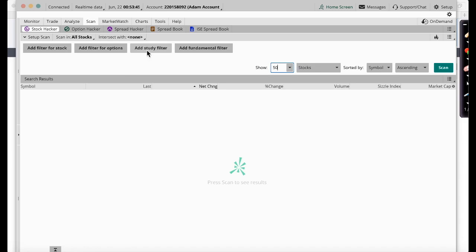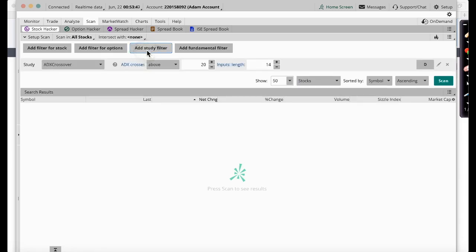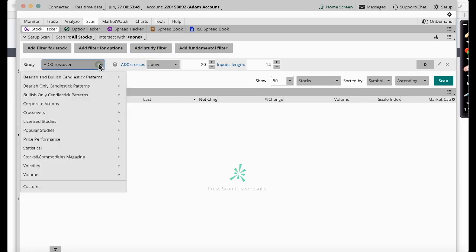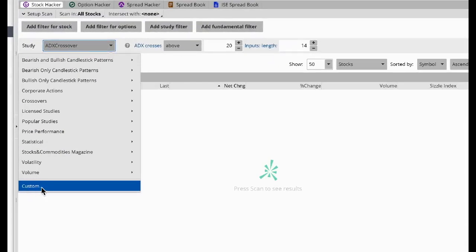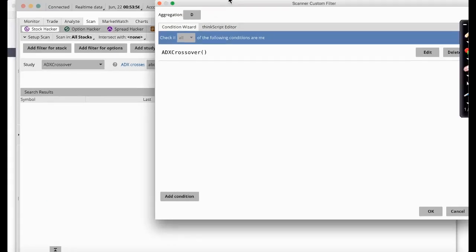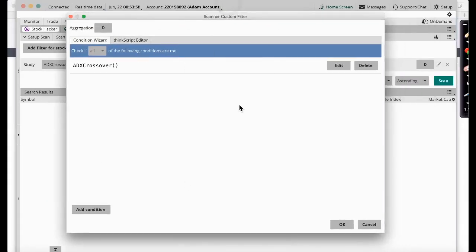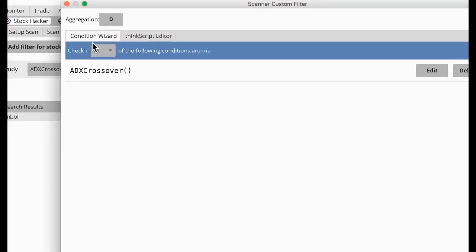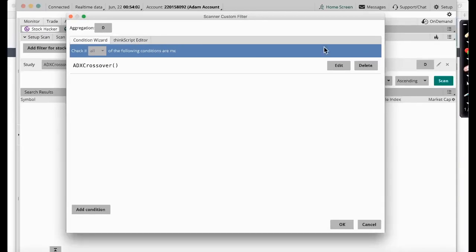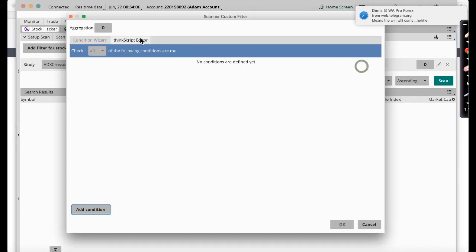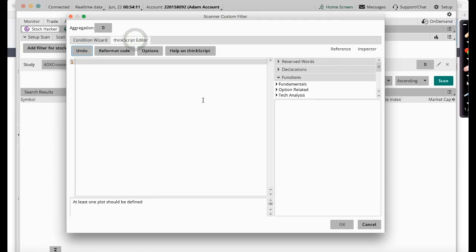Click on this and click on Custom. And it'll bring you to this page called the Condition Wizard and the ThinkScript Editor. So delete this thing, which I don't know why they put it there, waste my time, and click on ThinkScript Editor. Okay, and you're going to copy and paste the script for ThinkSwim.